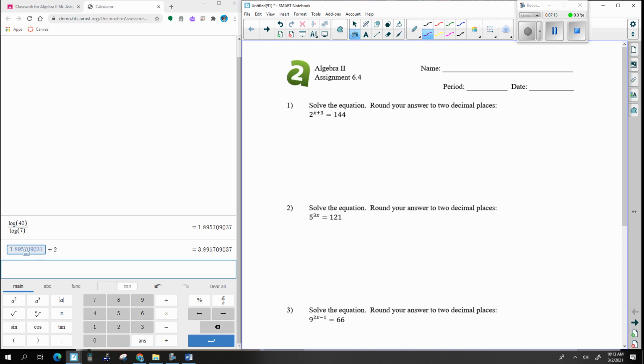So here we go. We have exponents on one side, not a big deal. So this is log base 2 of 144 is equal to x plus 3. Again, the base is the base, and then everything switches sides. So the x plus 3 goes to the right, the 144 goes to the left.